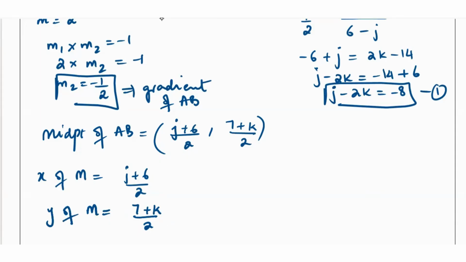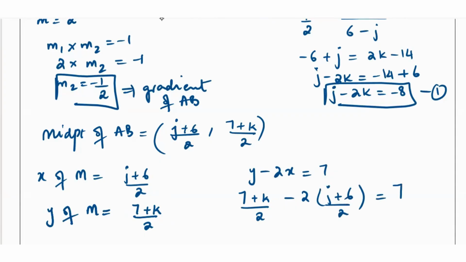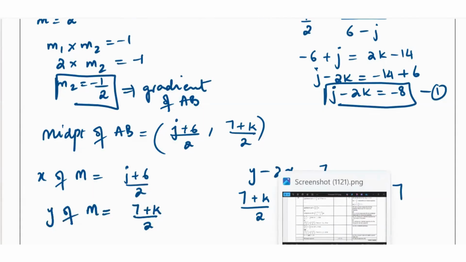So now we have the equation y minus 2x equals 7. So the y can be replaced with (7 plus k) over 2, and x can be replaced with (j plus 6) over 2. Once again, the reason for this is because the line y minus 2x equals 7 is passing through the line AB, through the midpoint of the line AB, which means that point does lie on the line.